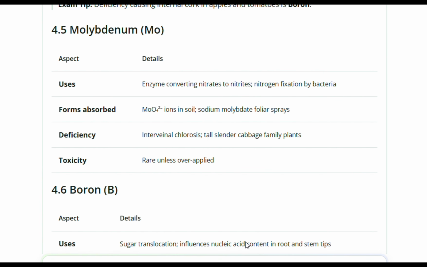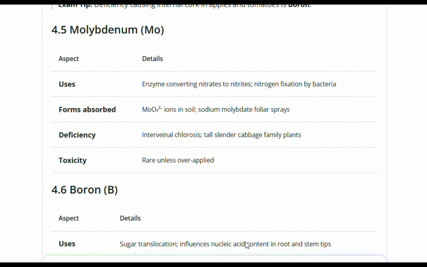So this one is important because it helps the enzymes convert nitrites to nitrates. You will find this term in the questions waiting for us.